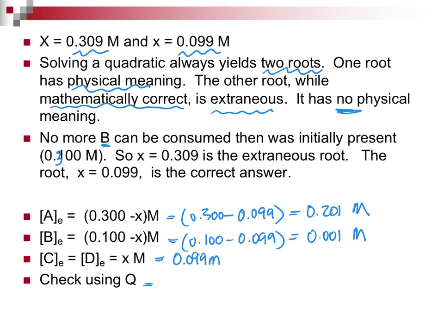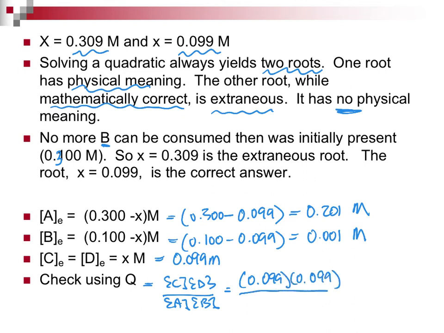So we can check this by looking at Q. It'll be C times D divided by A times B, and we plug in our values, 0.099 times 0.099, divided by 0.201 times 0.001, and we come up again with the number equal to 49.